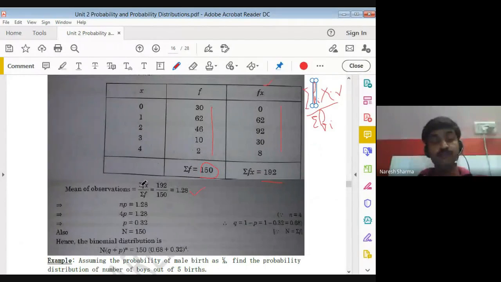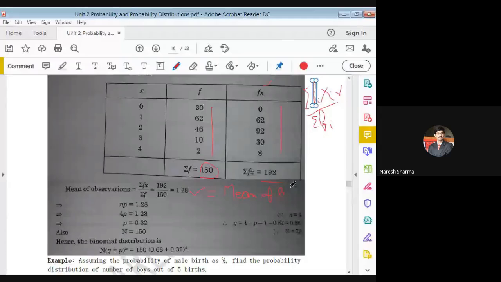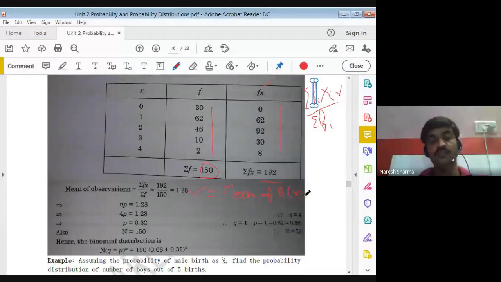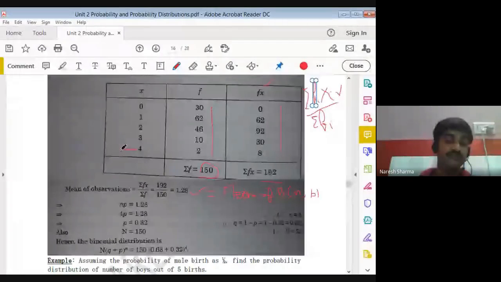So this is the mean by frequency distribution, and this mean is also equal to the mean of the binomial distribution. You may represent the binomial distribution by n and p, right? So we know that n here is 4, it is already given to us.